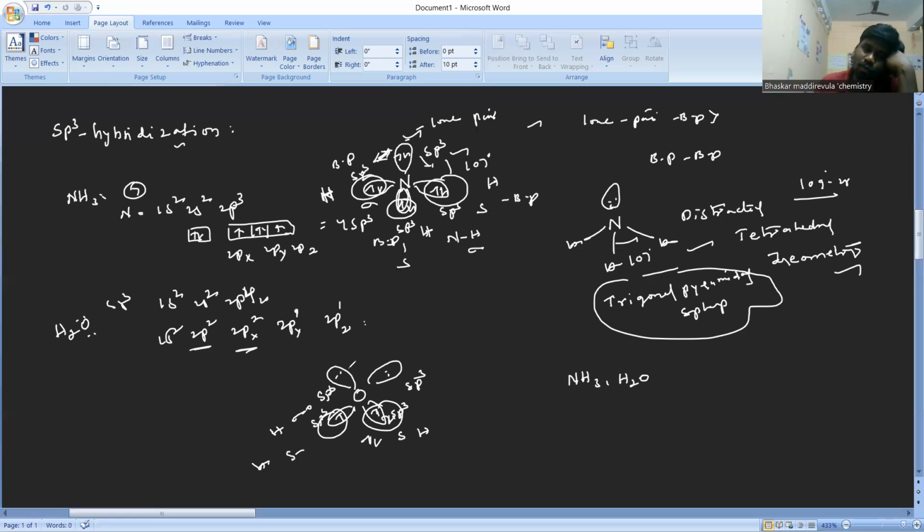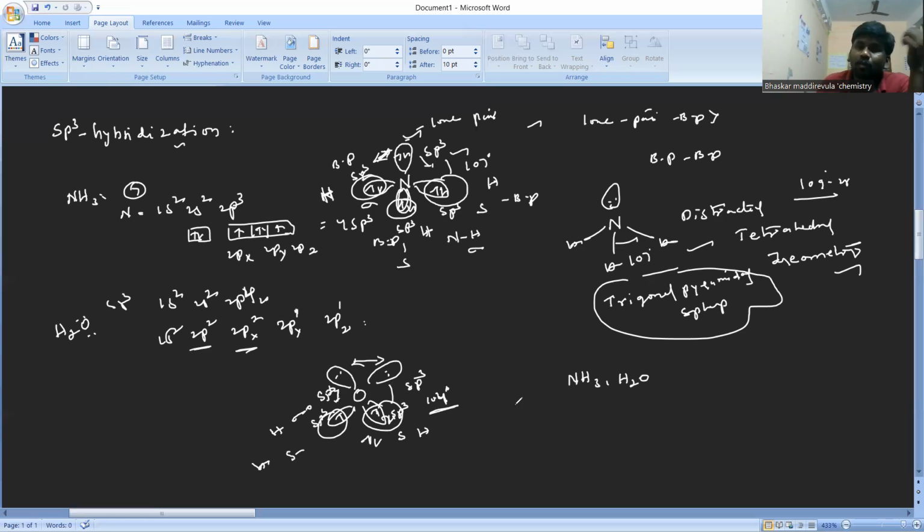Already we know lone pair-lone pair repulsion is more than lone pair-bond pair repulsion. Due to the presence of the 2 lone pairs, there is more repulsion, so the molecule is distorted from the tetrahedral geometry, and the bond angle decreases to 104 degrees.